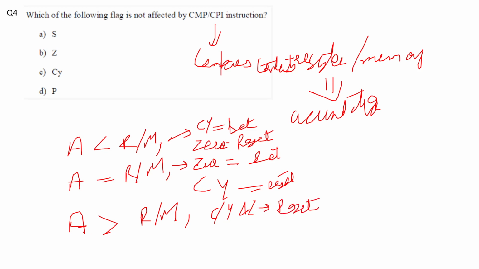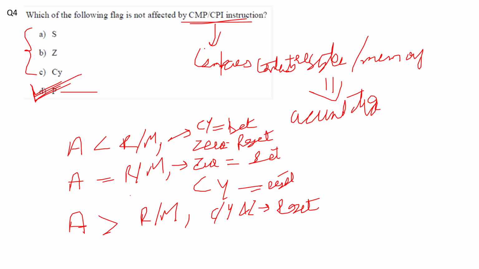And when memory is an operand, the address is specified by the HL pair. No contents are modified. However, all remaining flags, sign, auxiliary carry, are affected with the result of subtraction. So the only thing that is not affected is the parity flag, this option D. This is not affected by this instruction. Rest all of them are affected. Apart from this, the parity flag is not affected by the instruction CMP, which basically compares the contents of the register and memory to the accumulator.